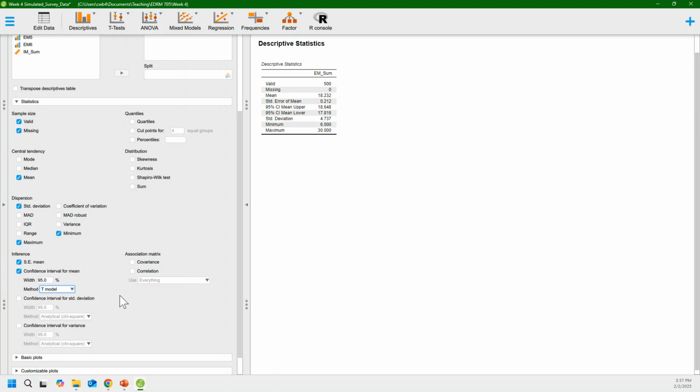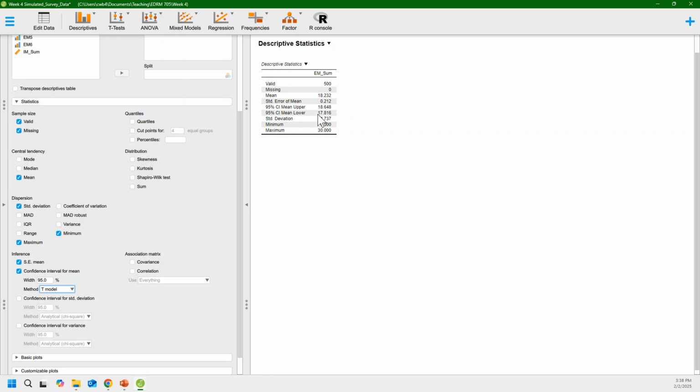All right. Once I do that, this has updated. I see my standard error of the mean of 0.212. So that's our SD divided by our square root of n. But then I see my 95% confidence intervals here. It has an upper bound and a lower bound, right?